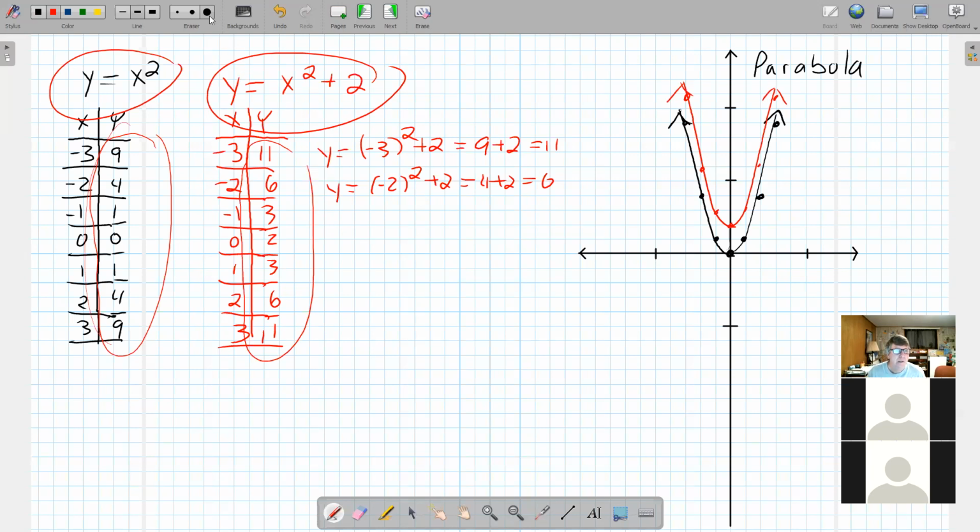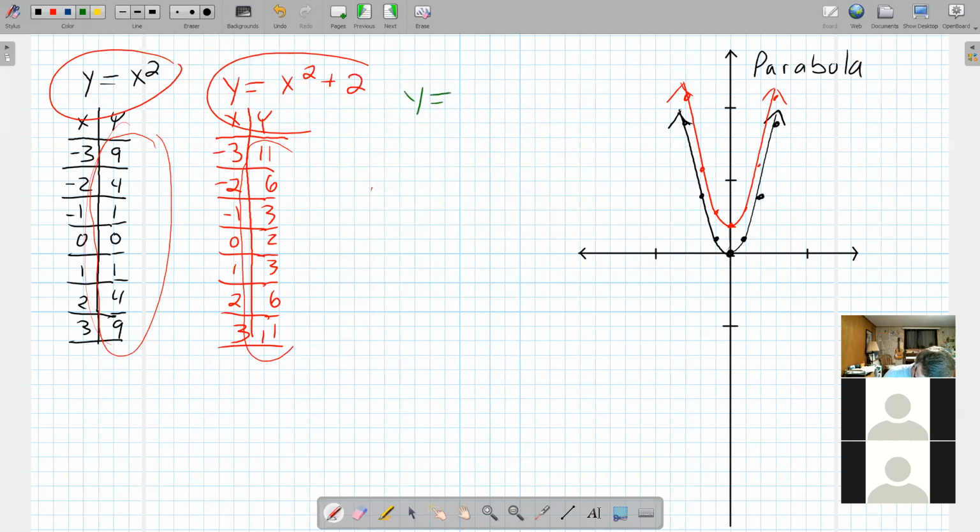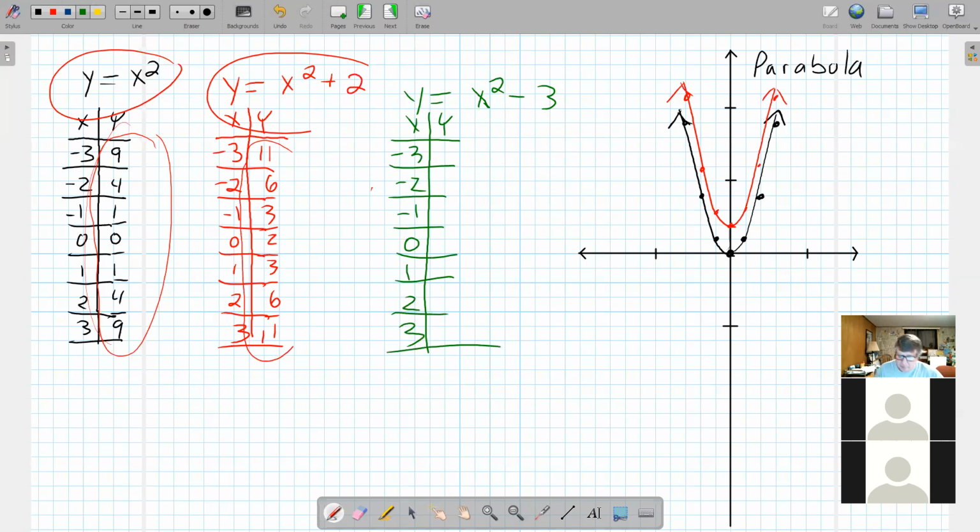Okay. Again, let's erase our calculations here. Let's say that instead, I wanted to graph y equals x squared minus 3. So what would I do first? X squared. That would give me these values. Then minus 3.